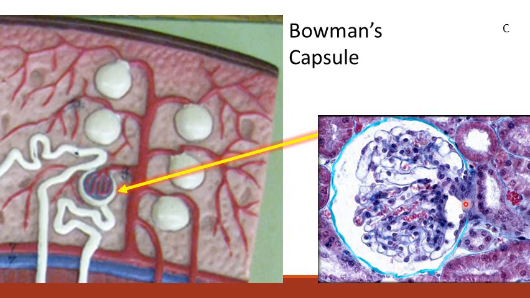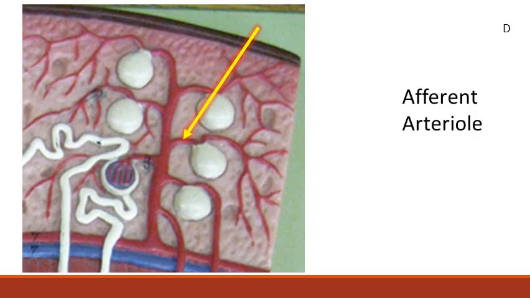And so all of this in here then is the glomerulus, and then this is Bowman's Capsule. All right, so be careful to differentiate between those two. Even though sometimes in lecture we may kind of use them interchangeably, understand really the capsule is the portion that surrounds the glomerulus.